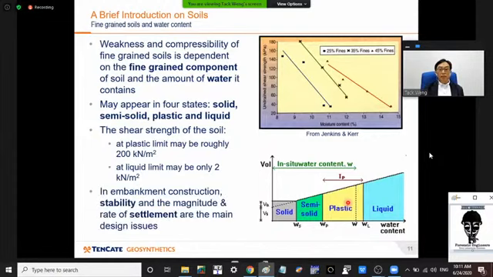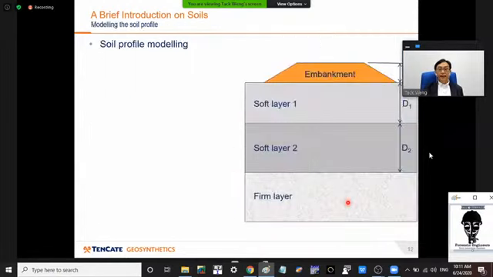And in embankment construction, there are 2 design issues, namely stability and settlement. And I'll talk first about stability. We need to, in design, model the soil profile into representative soft layers and where the firm layer is.